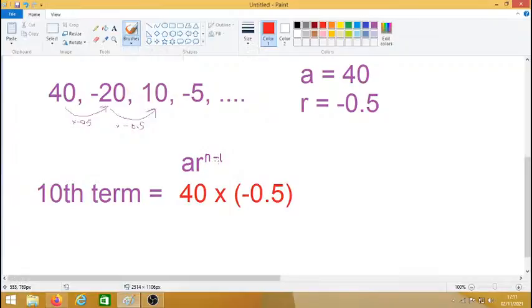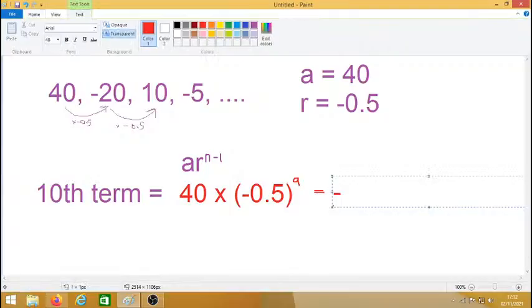And then n minus 1, n is 10, 10 take away 1 is 9. So that's all you need to do to type into your calculator to get the 10th term. Let's do that now. And you should get minus 0.078125.